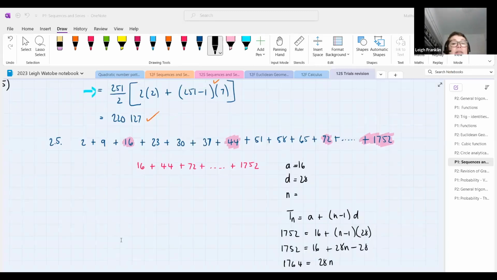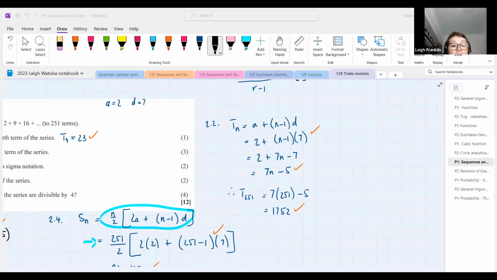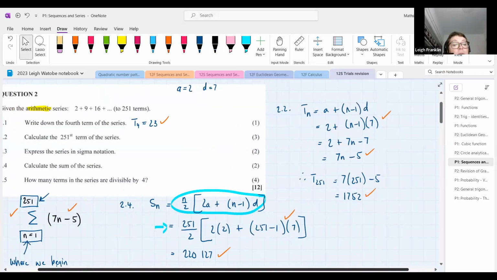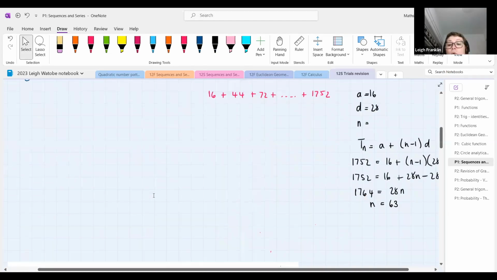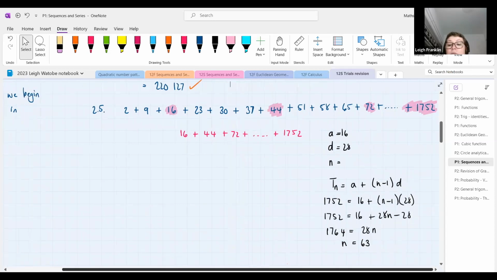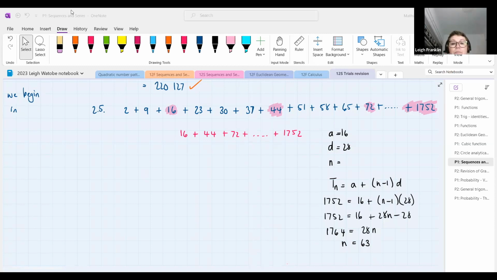There would be 63 numbers. So how many terms in the series are divisible by 4? There are 63 of them. Does that make sense to everybody? Are we okay with that? Cool. Good.